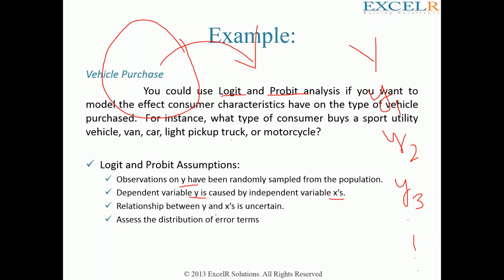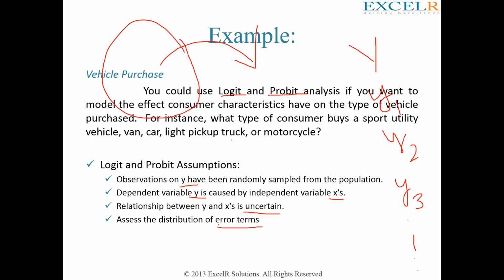Relationship between Y and X is uncertain. You do not know what kind of relationship we have. You know for a fact that there is a relationship, but you do not know to what extent and how the relationship exists. And you also have to assess the distribution of your error terms. What is the distribution that your error terms follow?